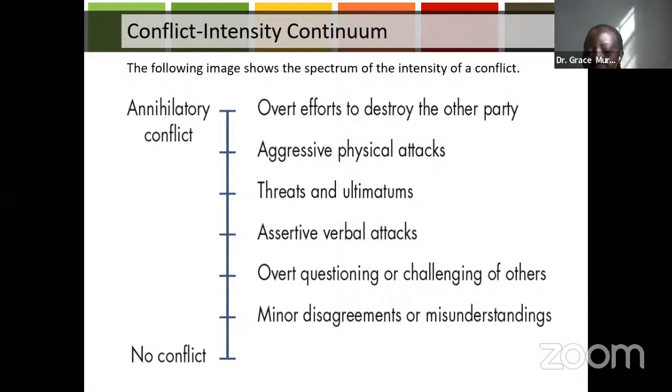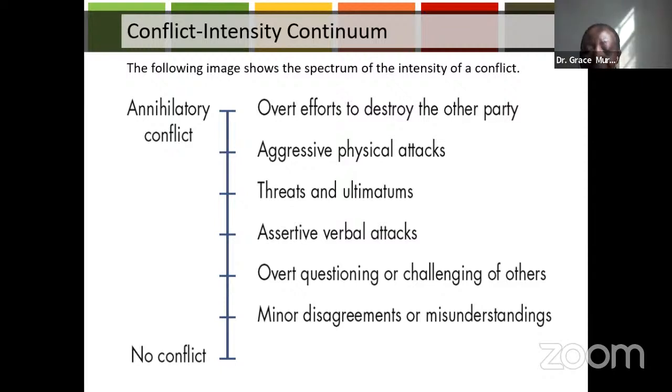Then if it is still not controlled, the intensity increases to assertive verbal attack. This is where people can say things, and as I said yesterday, sometimes these things can even be personal. You might find people beginning to insult each other personally. They actually stop being professional. Some people even go to body shaming, moving completely away from the professional aspect.